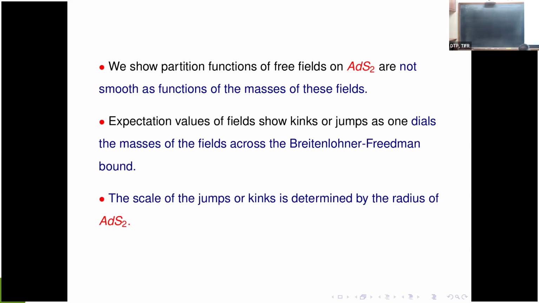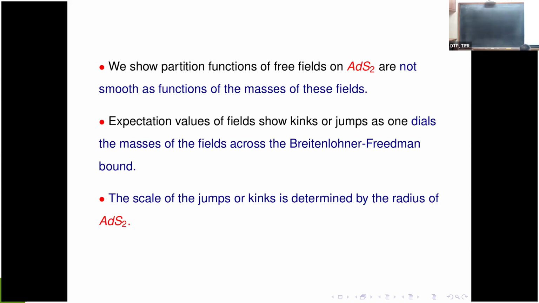These are very simple observations, but somehow they were not carefully looked at, and they play an important role, especially in the supersymmetric context. What we show is that if we take the partition function of free fields on AdS2, they are not smooth functions of the masses of these fields.